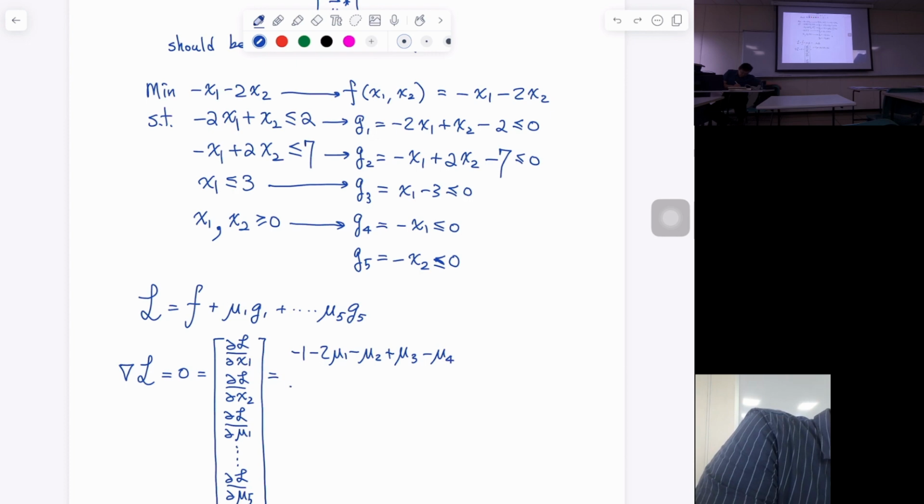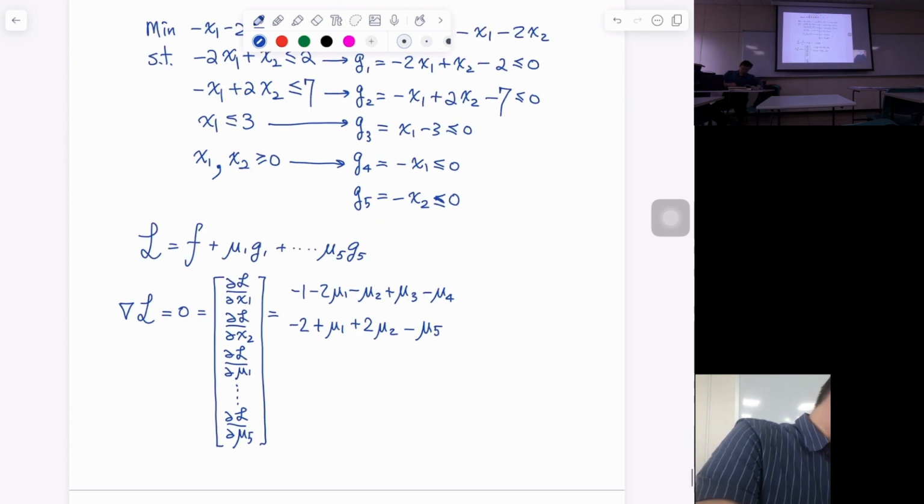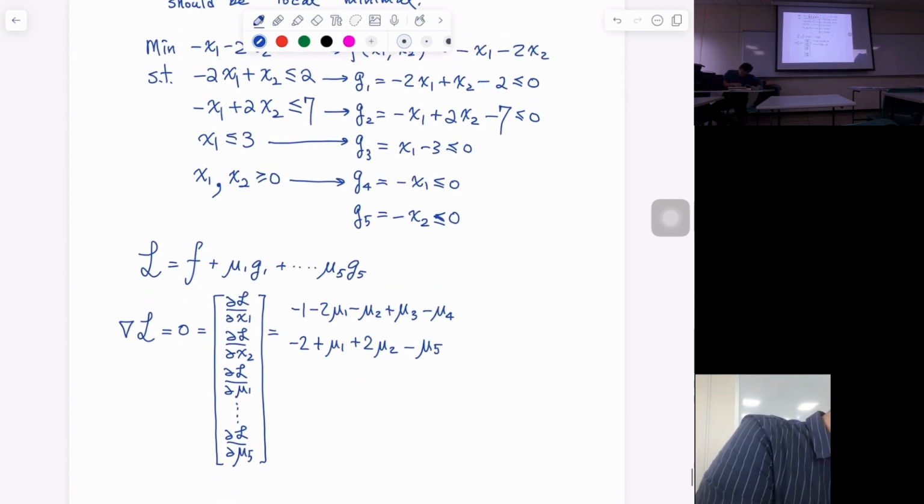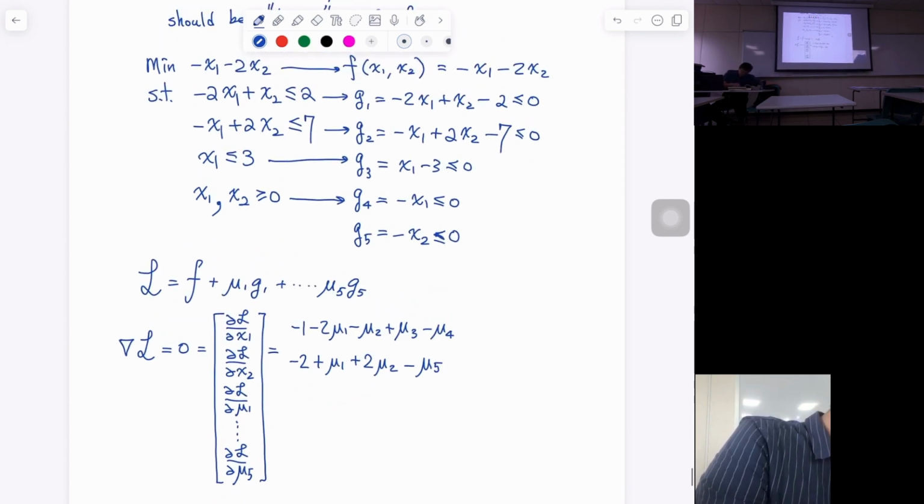The second term will be negative 2, and then plus mu1 plus 2 mu2, 0 here, 0 there, and then minus mu5, right? And then the partial derivative with respect to mu1, what you get at the end is actually g1, up to g5.